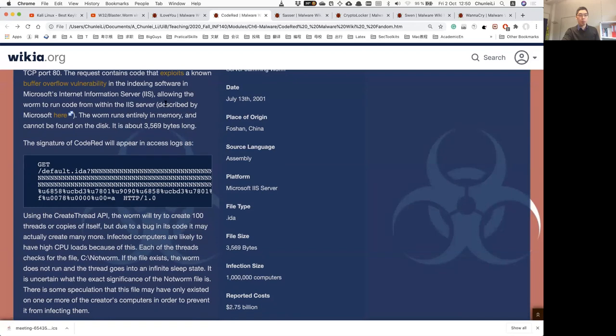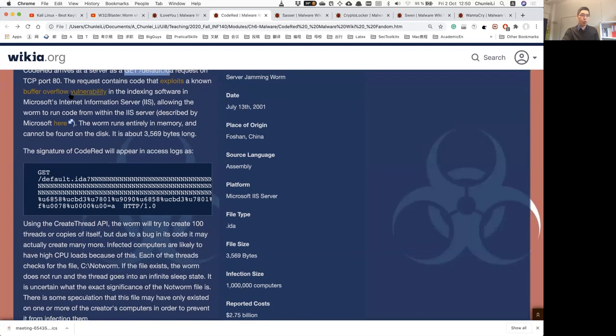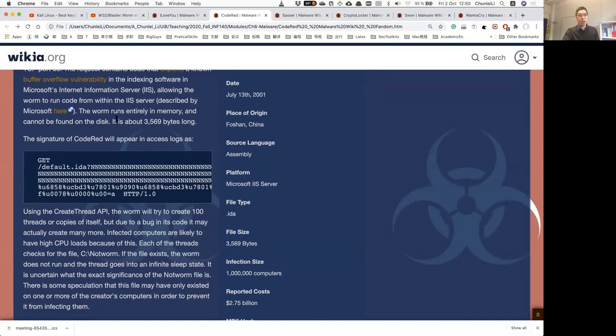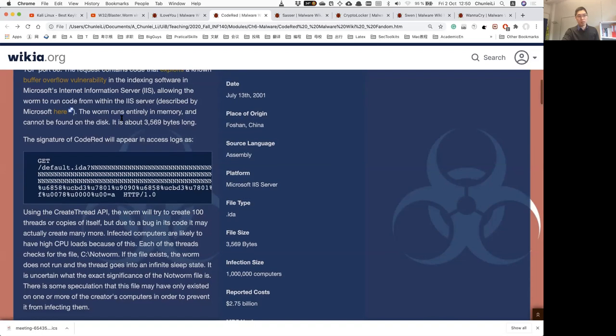Due to this buffer overflow vulnerability, the worm can be run from within this IIS server.